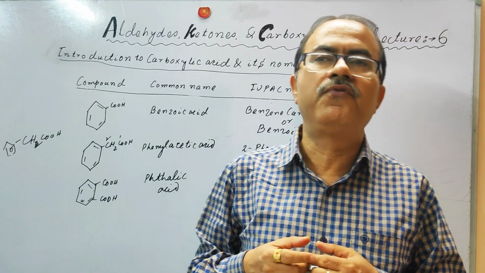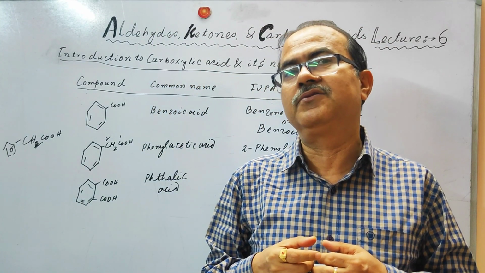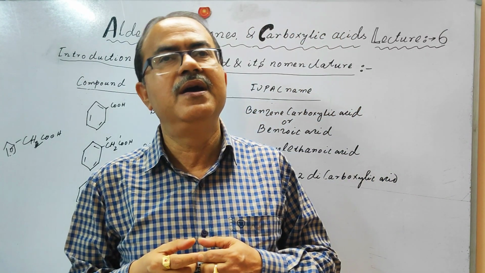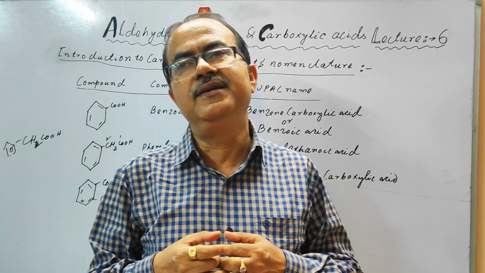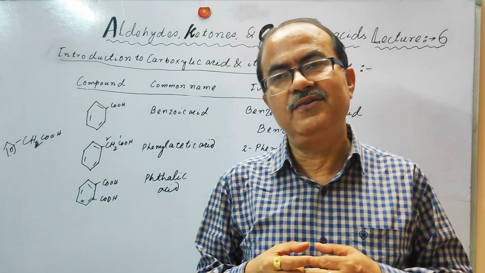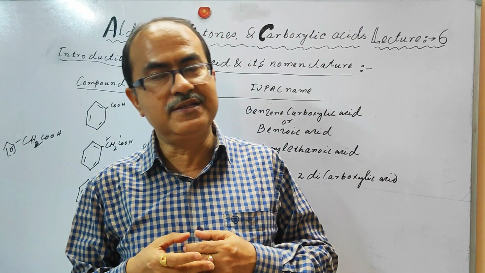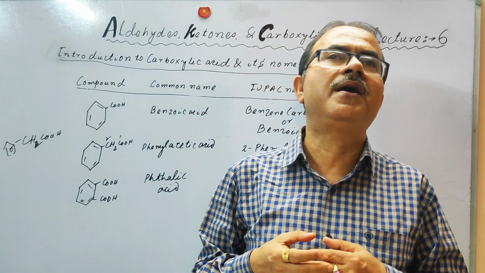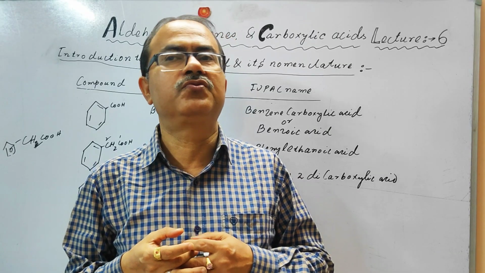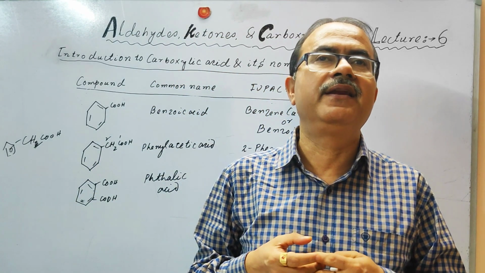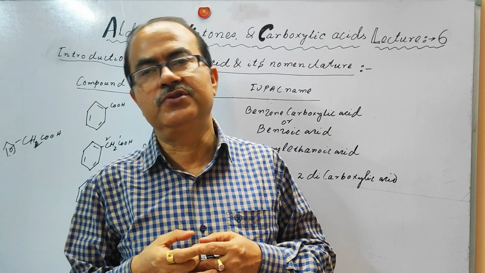The common name comes from the Latin name of the natural source from which it was first found, with the suffix ic acid at the end. In IUPAC nomenclature you put oic acid, named after the alkane from which it is derived. We also discussed the common and IUPAC names of some aromatic carboxylic acids.